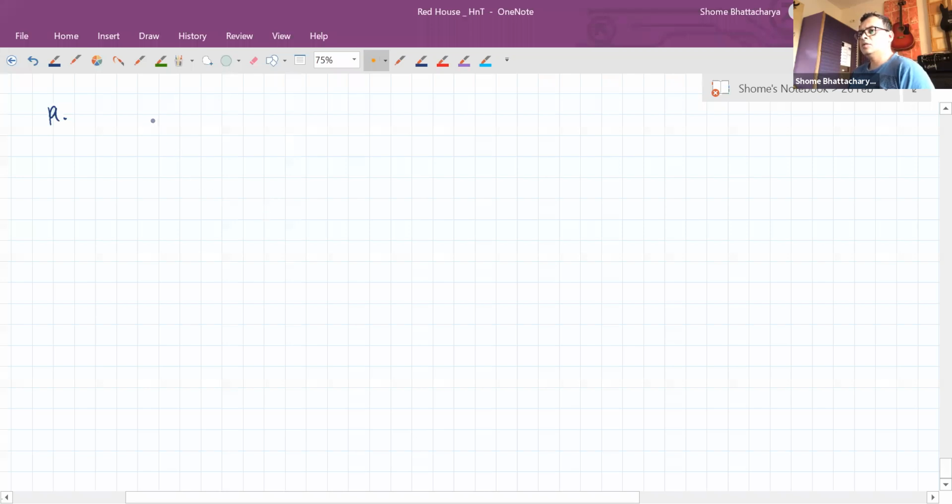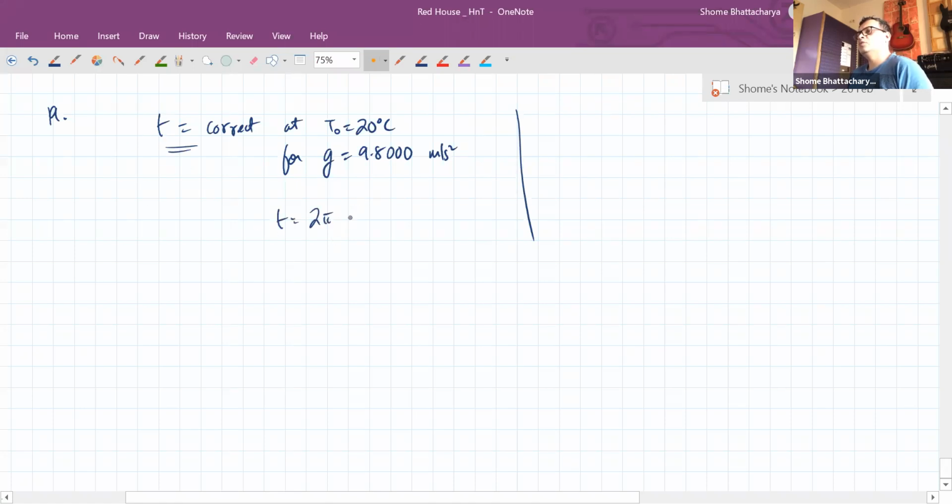So the time period is correct at a temperature of 20 degrees C for G equal to 9.8 meters per second square. So this correct time period is equal to 2 pi under root L naught upon G. Just for reference, let's take this value of G as G naught.